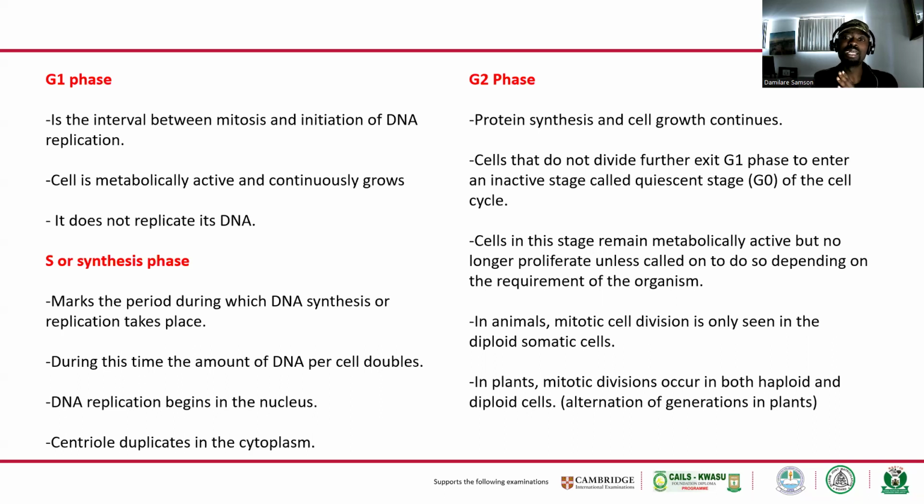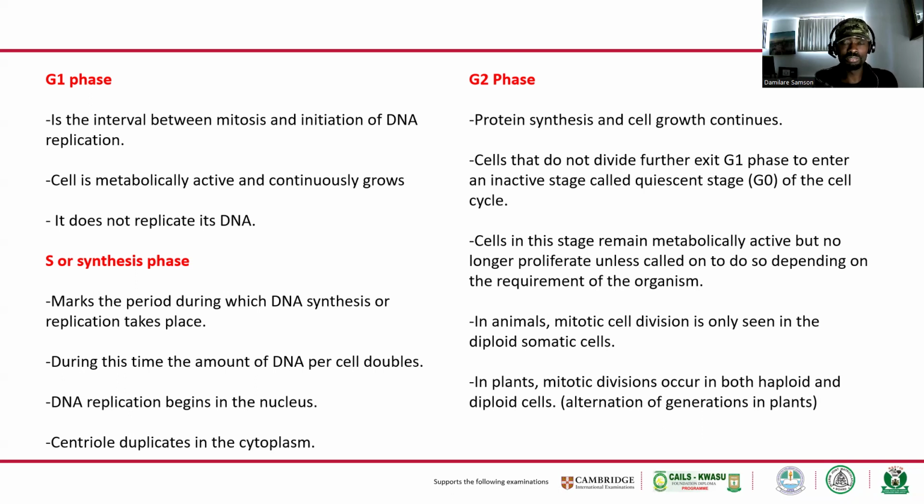The cells that do not undergo continuous division will exit back to G1 phase, and from G1 phase to G0 phase, since those cells want to rest, they are given time to go and rest.